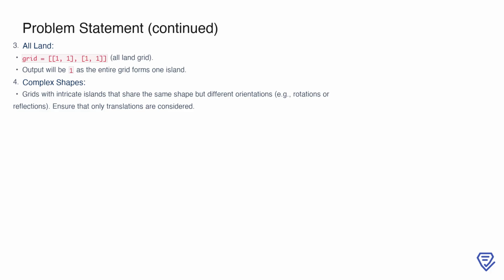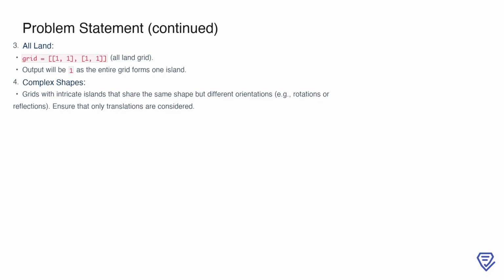Finally, let's think about some edge cases to validate your solution. For the smallest possible grid, such as grid equals [[1]] or grid equals [[0]], the outputs will be 1 and 0, respectively, since there's either one small island or no land at all. For a grid with no land, like grid equals [[0,0],[0,0]], the output is 0 because there are no islands.